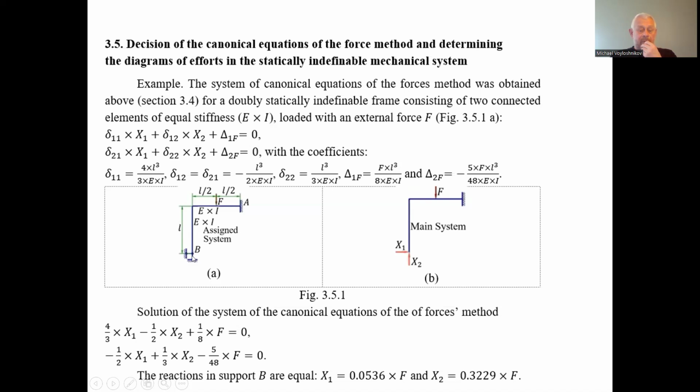The same we have, and as well we have one free summand of this equation. This is a term, uppercase delta, the term of the action of the external force, the external load applied to the frame. How does this impact the displacement in the point B?